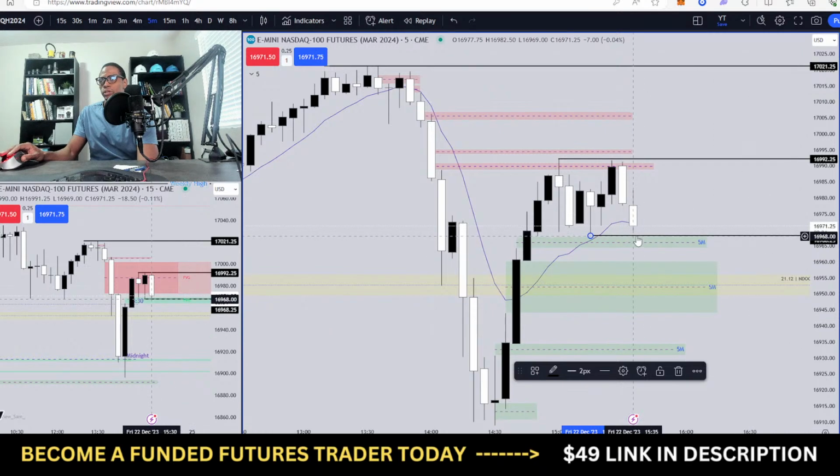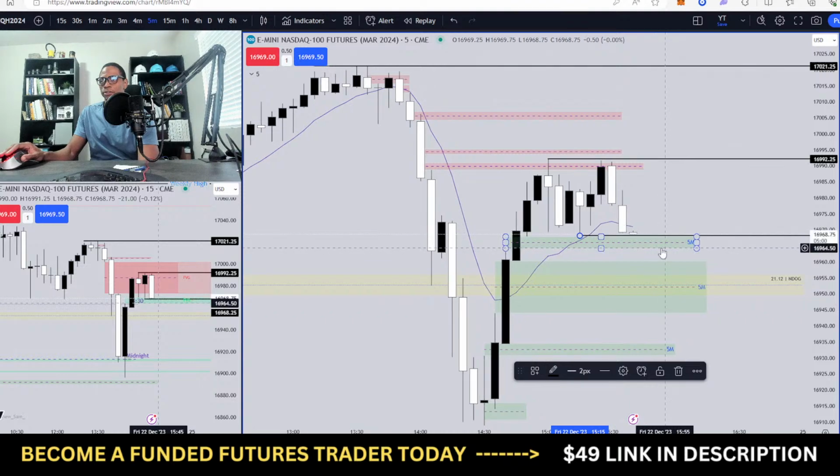So we want to see when price breaks below 968, how does it react. There's a 5-minute fair value gap right here, and another one just below inside of the new day opening gap.